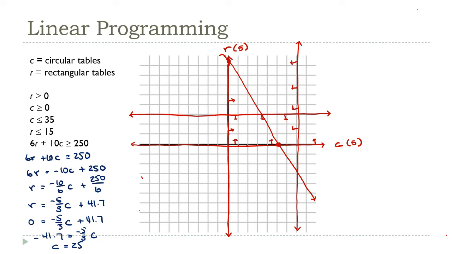Well, if I put the origin in, I get 0 plus 0 is greater than or equal to 250, which is not true. So I want everything above and to the right of the line. So I want this space here.